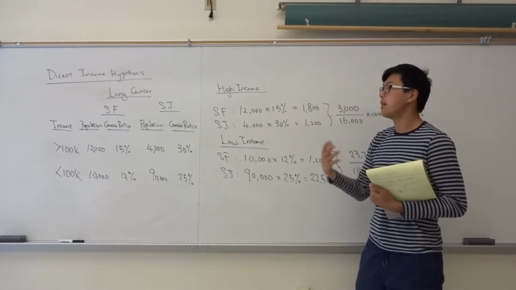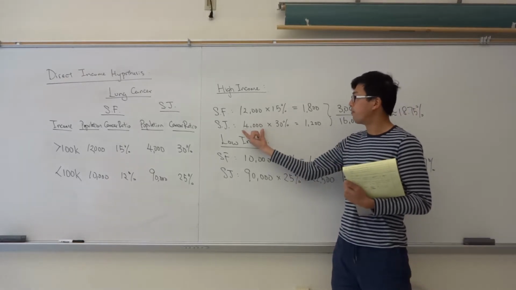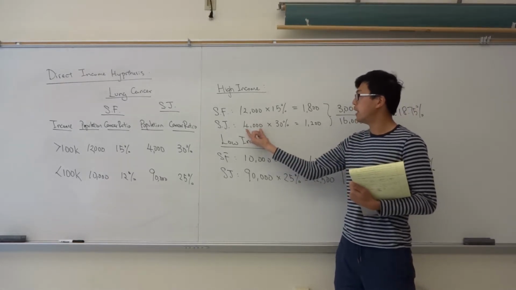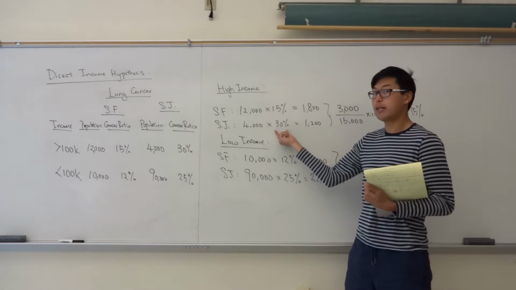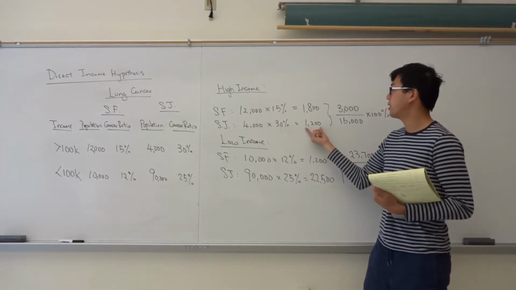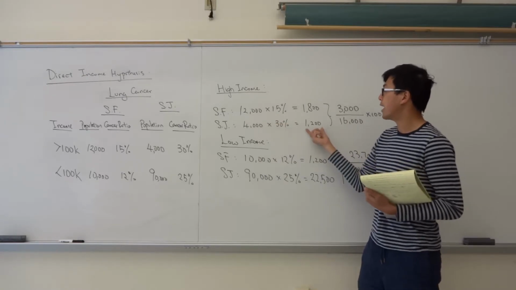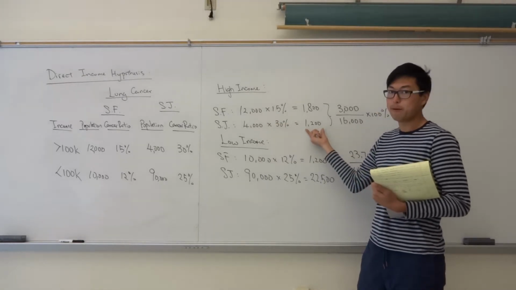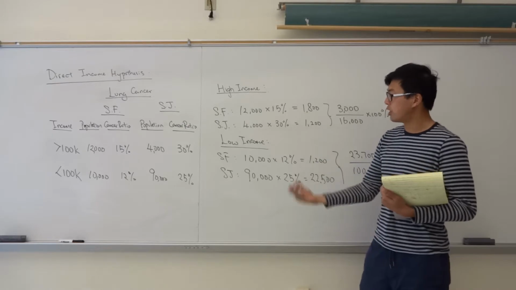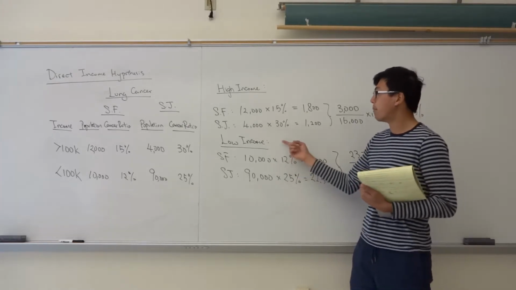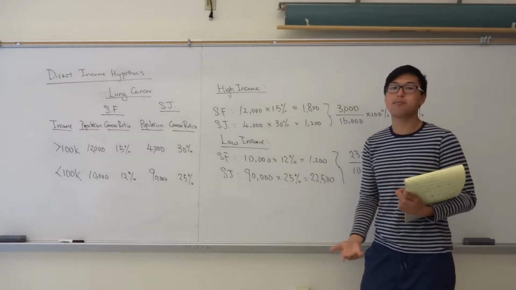You can do the same thing for San Jose. We have 4,000 people in San Jose, and 30% of them get lung cancer. So the total number of high-income people living in San Jose who get lung cancer is 1,200 people. I would suggest you do the same thing for the low-income populations yourself, but the idea is pretty much the same.